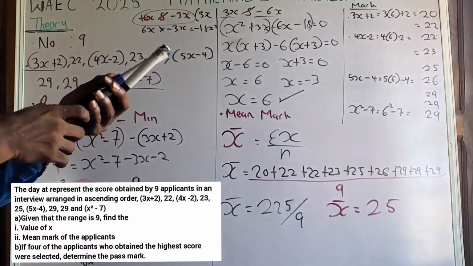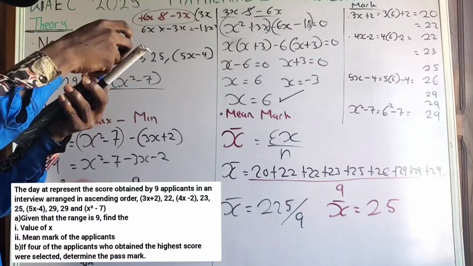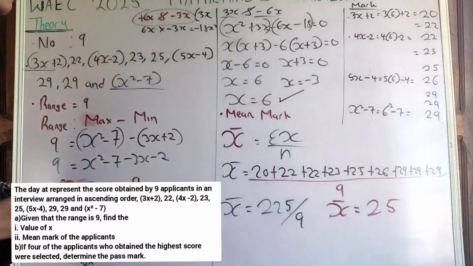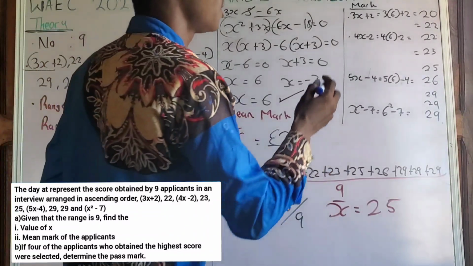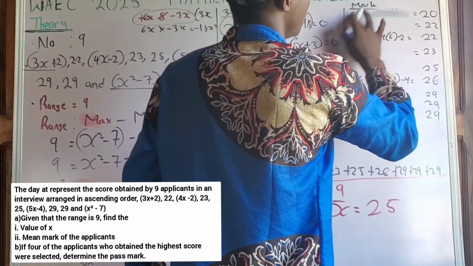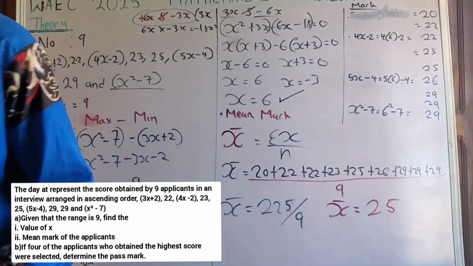The last question says that if 4 of the applicants who obtained the highest score were selected, determine the pass mark. Okay, now listen to me carefully.